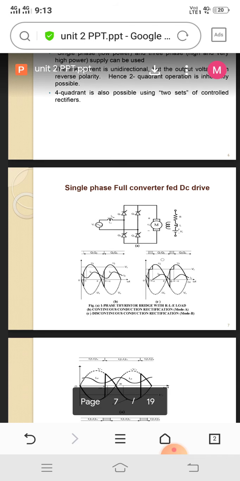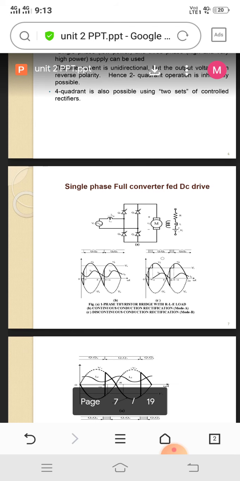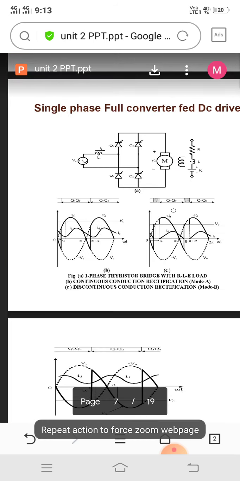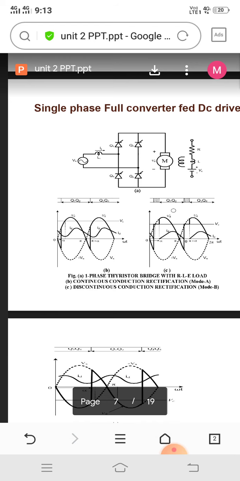From the circuit diagram, we can look at the single phase full converter fed DC drive graphs. This graph says that when the switches receive the gate pulses across the gate, they work and exhibit their output signal as a proper DC.